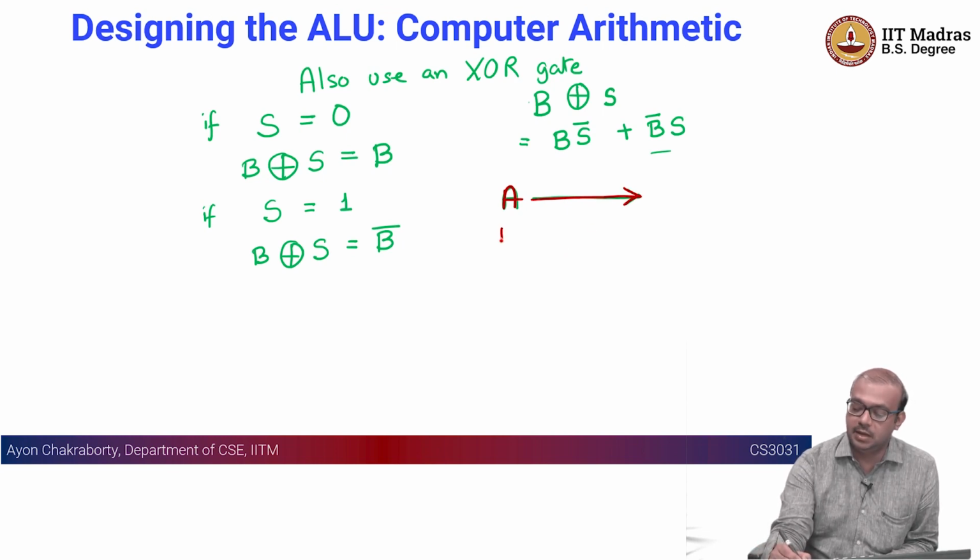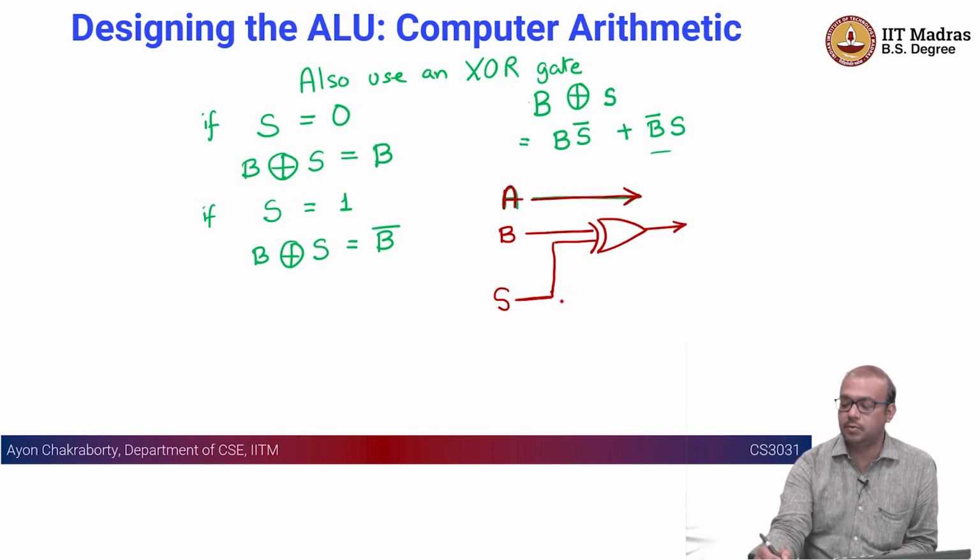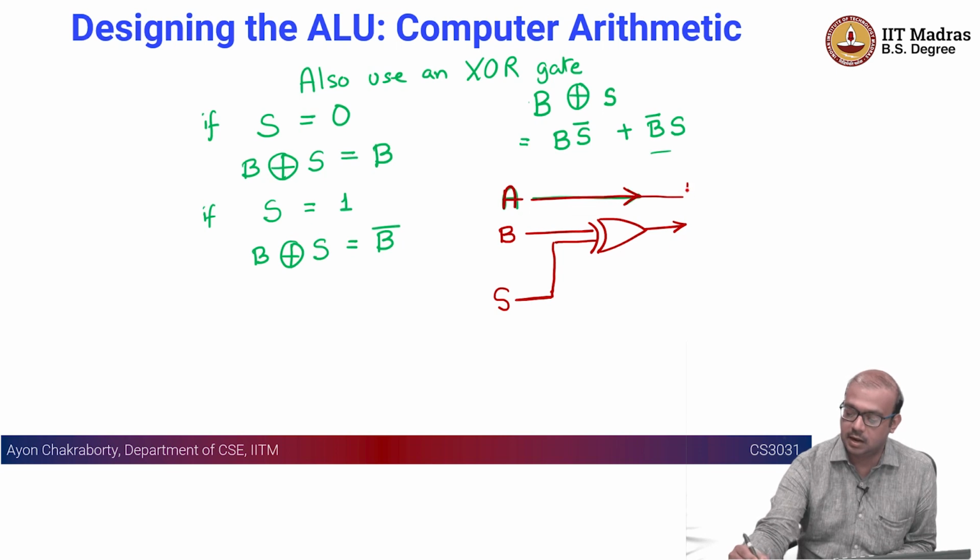Then B also goes to the full adder, but through this XOR gate. We can use an XOR gate, and this is fed to the full adder. This one is going to be your select bit, the select bit for whether you want to do addition or subtraction, and here is your full adder, FA.